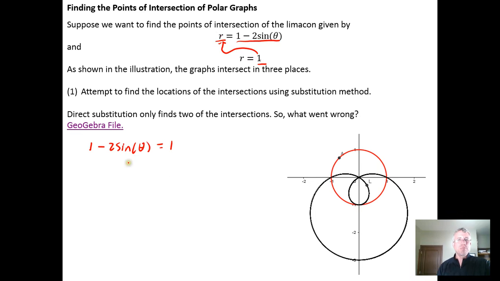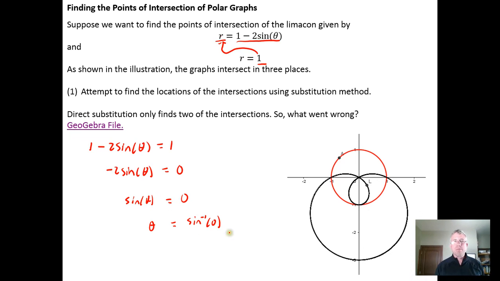We subtract 1 from both sides, we get negative 2 times the sine of theta equals 0. Then divide both sides by negative 2, we get sine of theta equals 0, and then we take the sine inverse of both sides, we get theta equals the sine inverse of 0, and we could put the plus 2 pi k to indicate that it repeats infinitely many times.